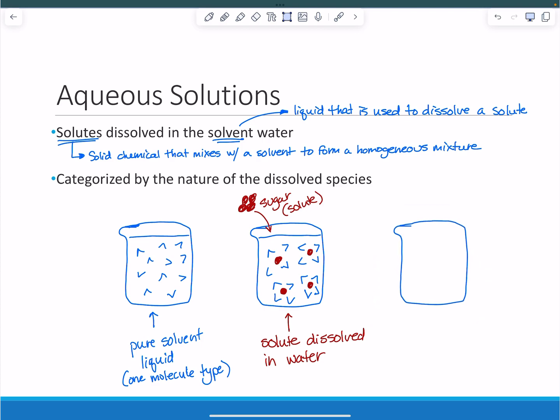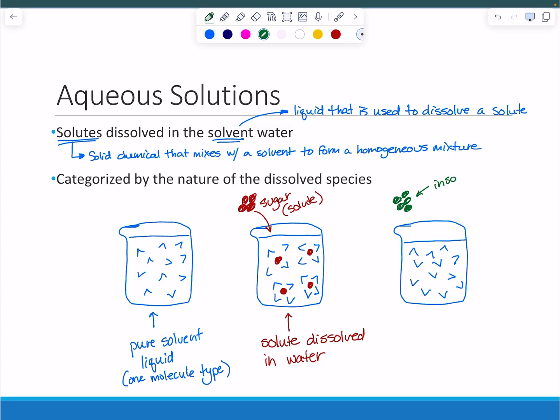Okay, so the other thing that we can have is molecules of water, and I can try putting in a solid that does not mix well with the water. And so in this case, I have what we call an insoluble compound.